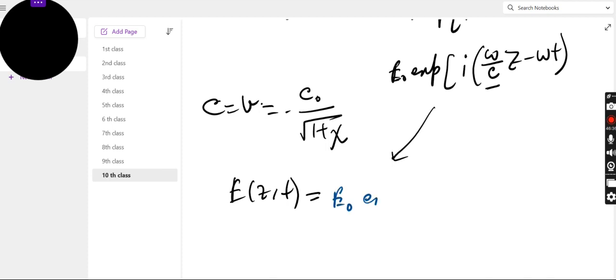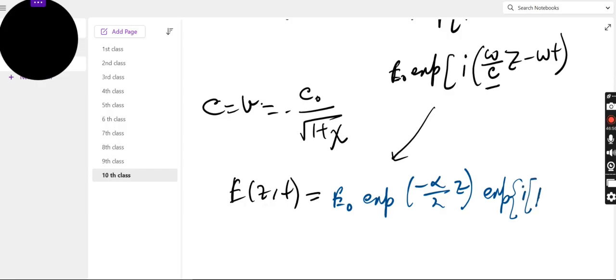It becomes E naught exponential minus alpha by 2 into z, exponential i k naught (n z minus omega t).